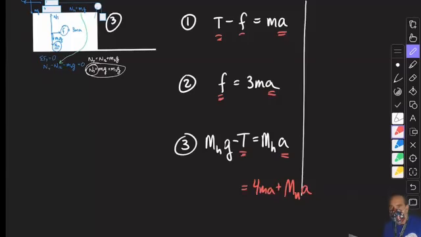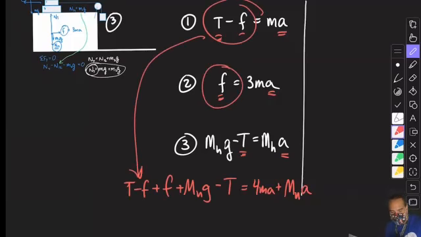I'm going to add up all the things on the left side of the equal sign now. T minus F plus F plus MHG, oops, G minus T. Right? This here, this here, that there.